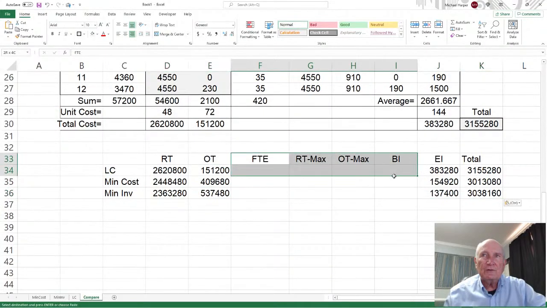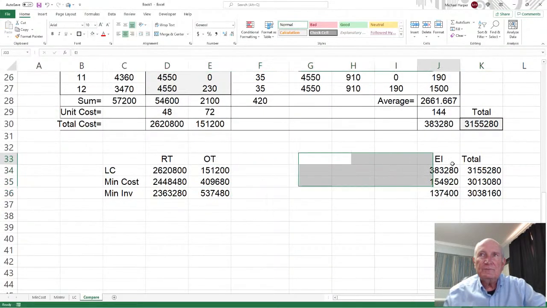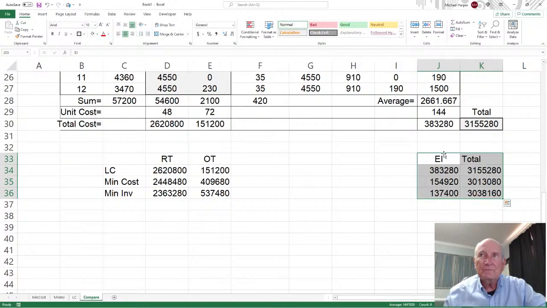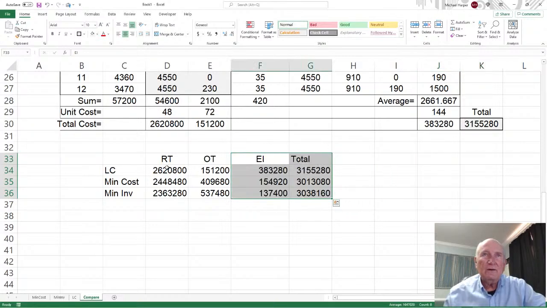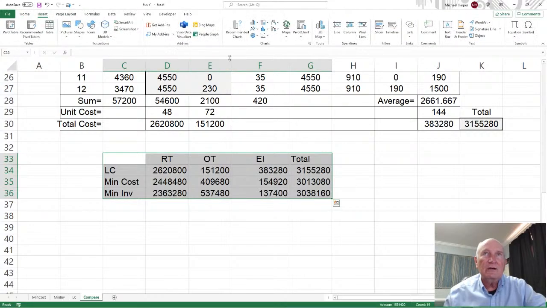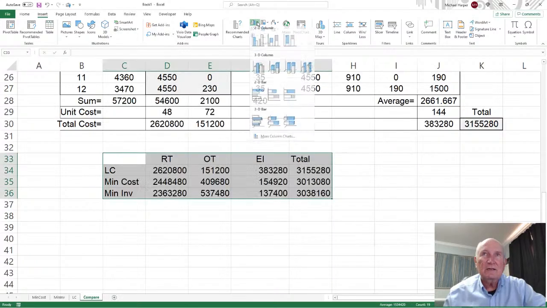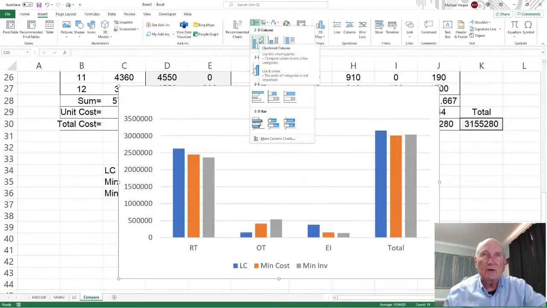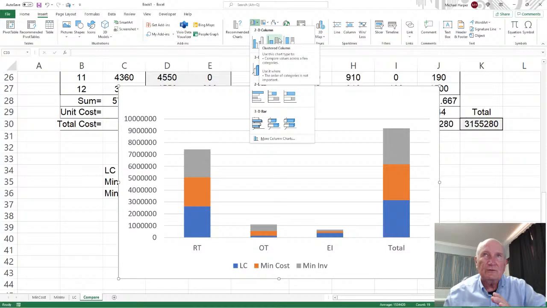So what we could certainly do is bring these over and somehow do some kind of a bar chart if you want to. I'll let you do this. This is really your area of expertise. You can do a clustered bar chart. You can do column here. You can stack it.